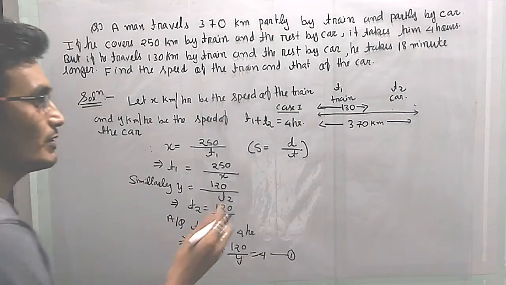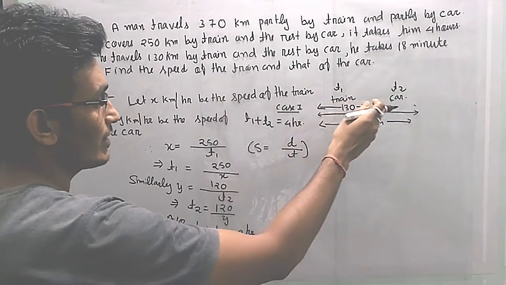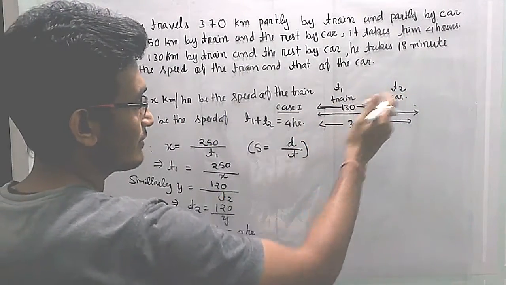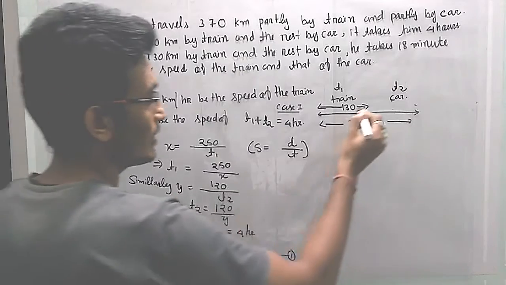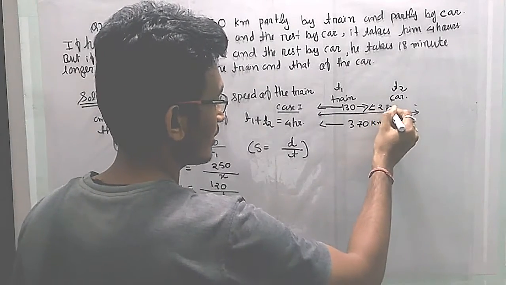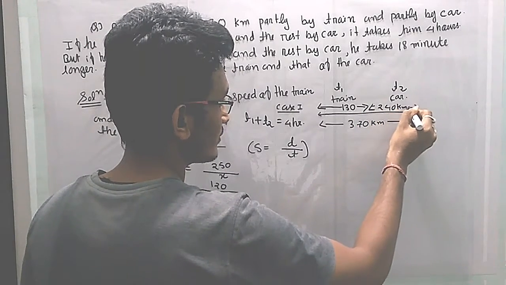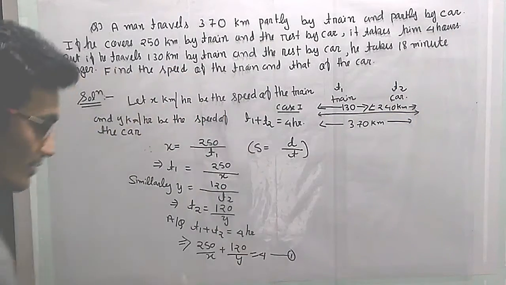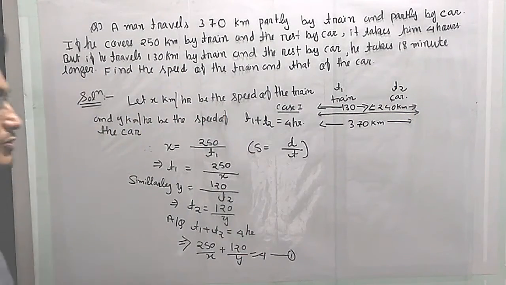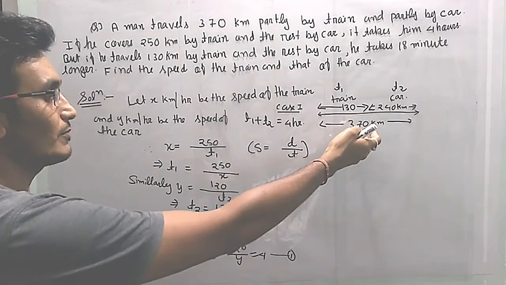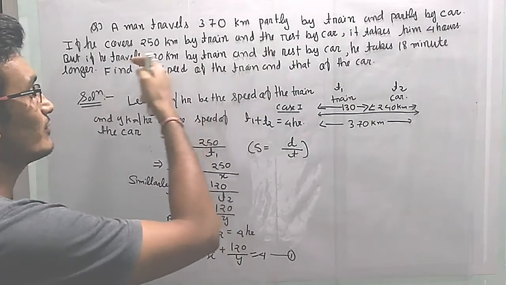If 130 kilometer is the distance traveled by the train, what should be the distance traveled by the car? It will be 240 kilometer. Why is it 240? Because the total distance is 370, and out of 370, 130 is traveled by the train.